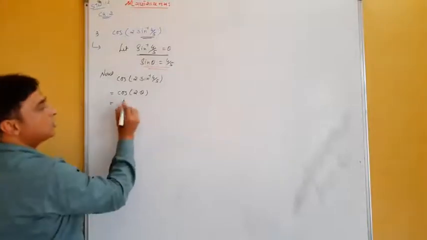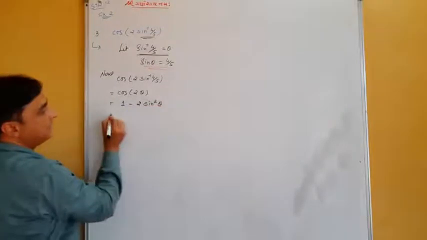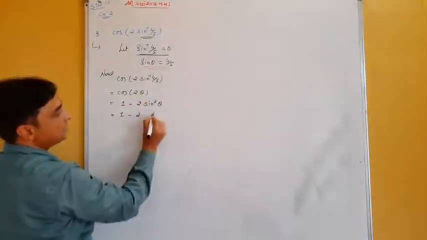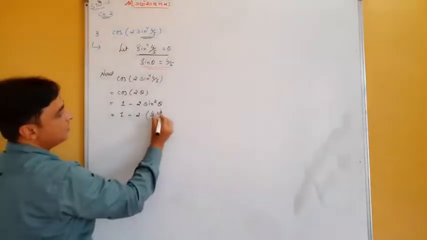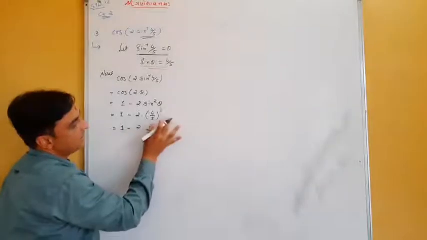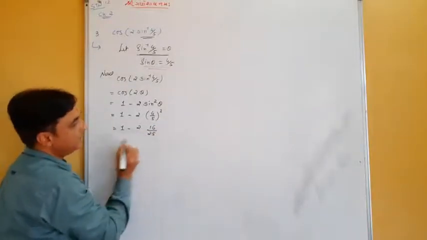And cos 2 theta is 1 minus 2 sin square theta. So 1 minus 2, sin theta is 4 by 5, 4 by 5 whole square. 1 minus 2, 4 square 16, 5 square 25.